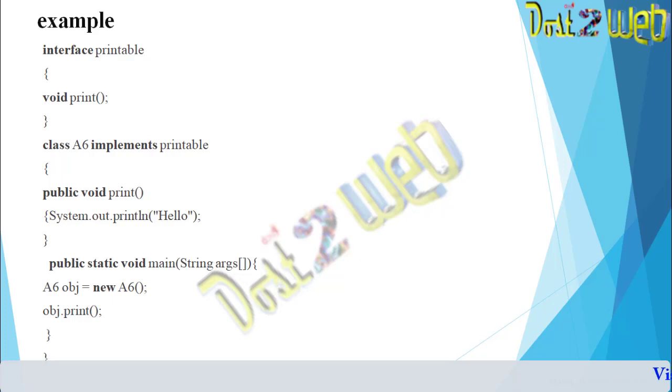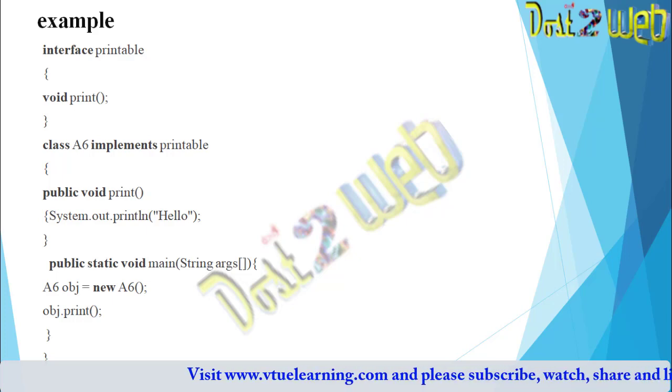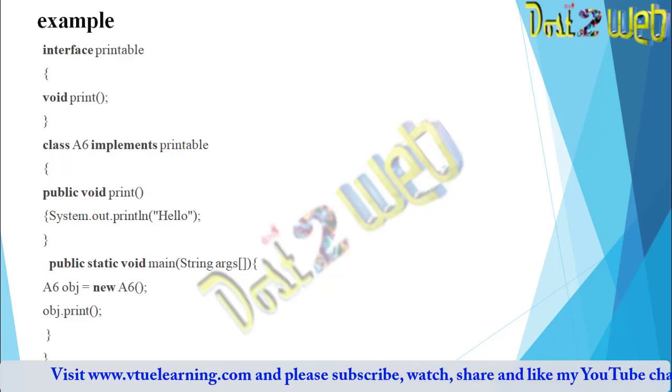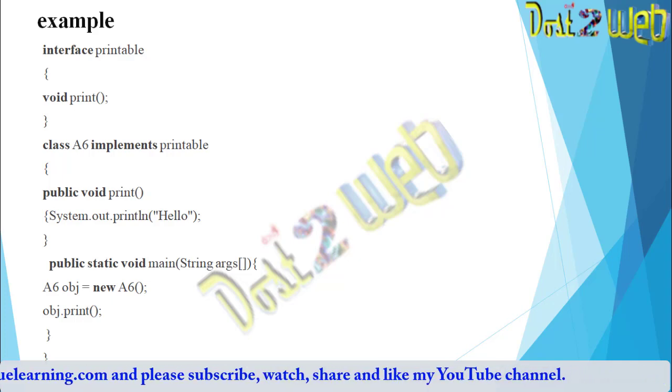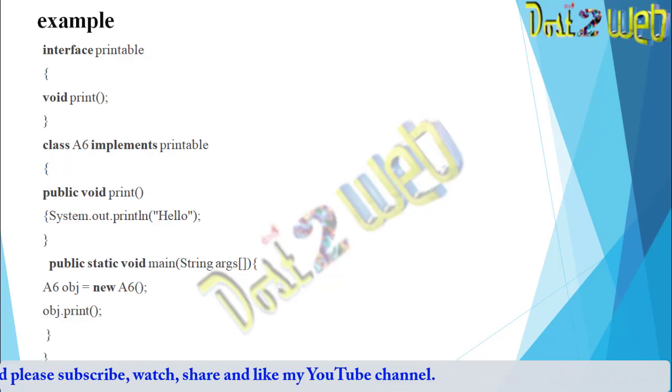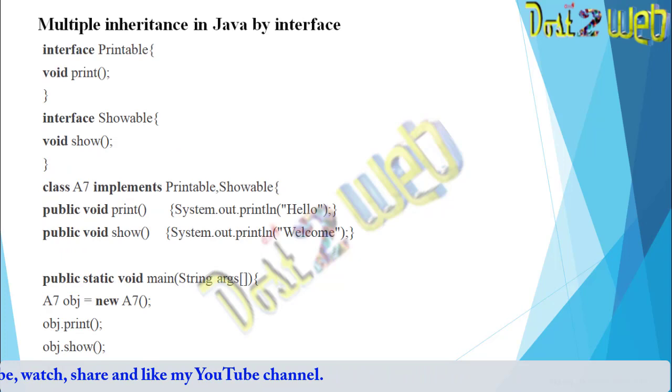Shall I execute it? Want me to execute and show? I hope there is nothing in this. Do you want me to execute and show the output? Okay, no answer. Now you have multiple inheritance in Java by interface. If you remember, what is multiple inheritance?